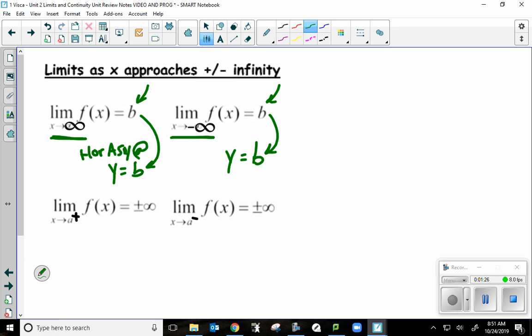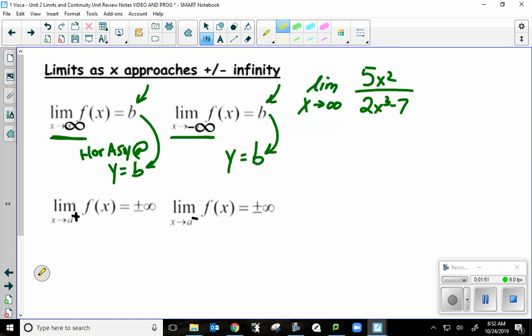So how do we figure out something like that? Well, let's say I have the limit as x approaches infinity of 5x squared all over 2x cubed minus 7. The easiest way to do this is I take the biggest term on the top and the biggest term on the bottom.